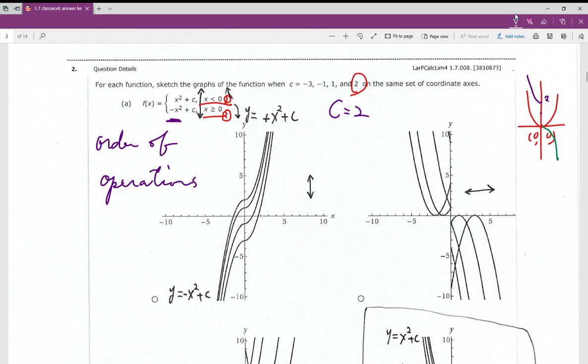Yes? And then you push up 2 steps. So let me have the final. So this one you push up, becomes this. So this is c equals to 2, okay?